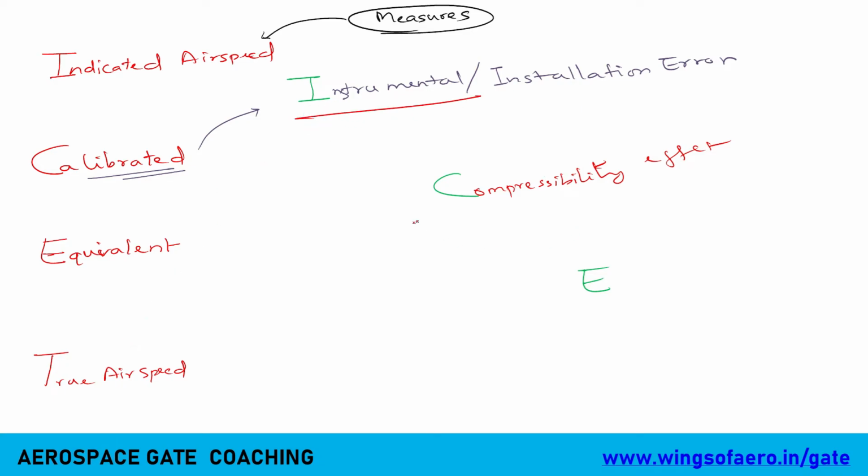Here we have the instrumentation, here we have the compressibility. After the instrumentation error is cut down, in whatever value we get, we will cut down or adjust the compressibility effects, and that value is nothing but the equivalent airspeed.